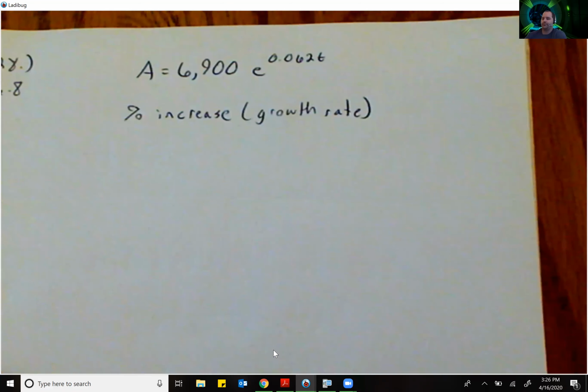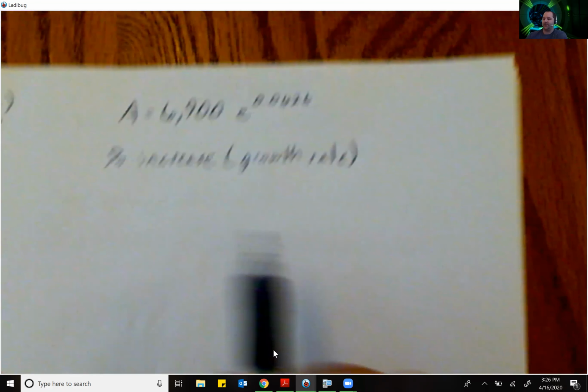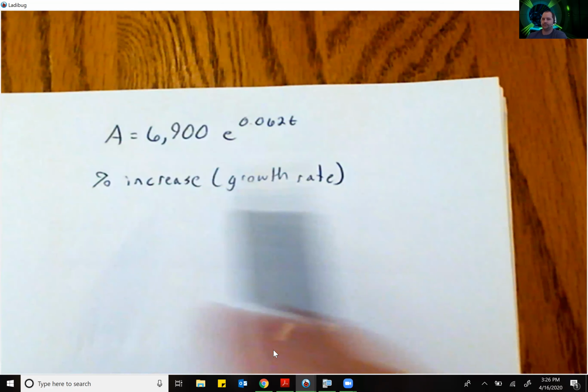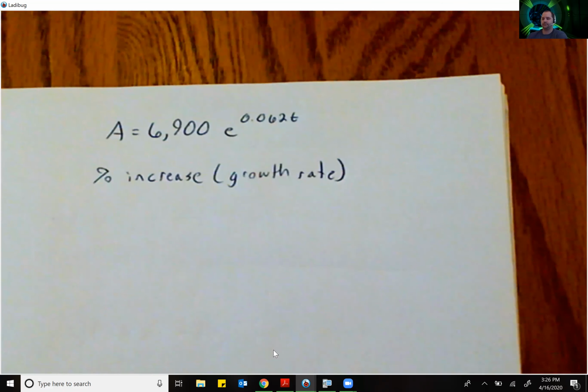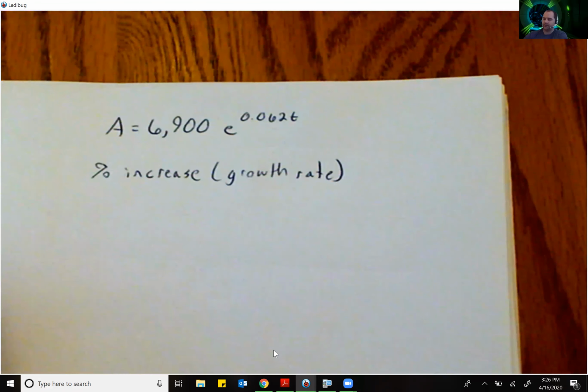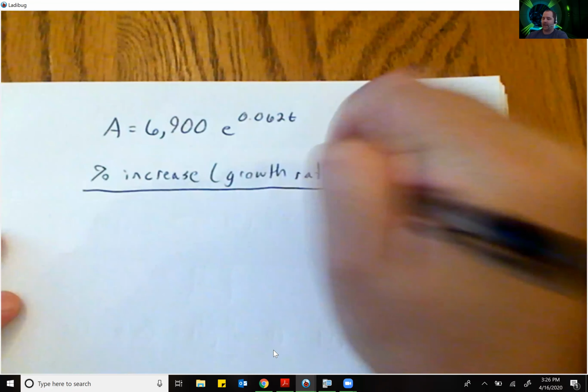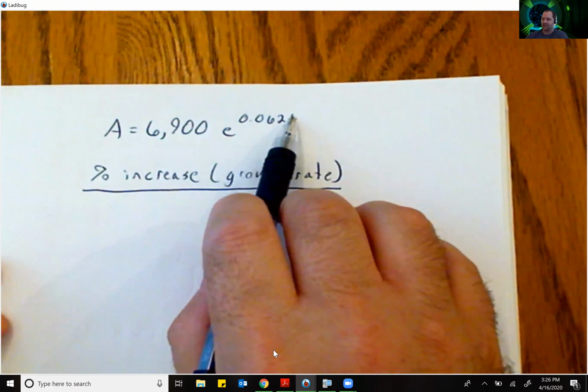So, who in here tells us the growth rate? With the 0.062? You got it. The growth rate or decay rate is right here located by your T.